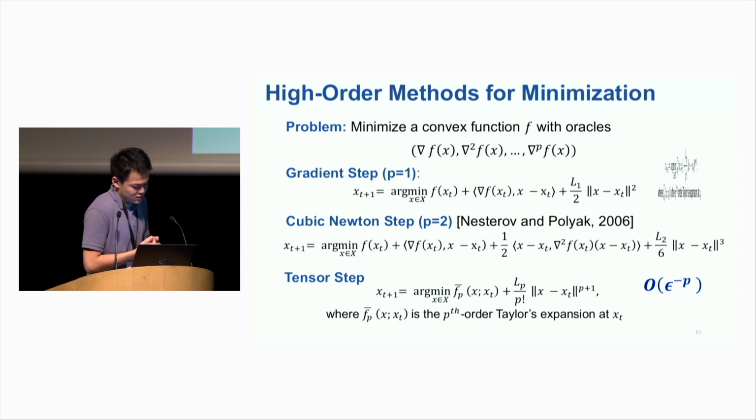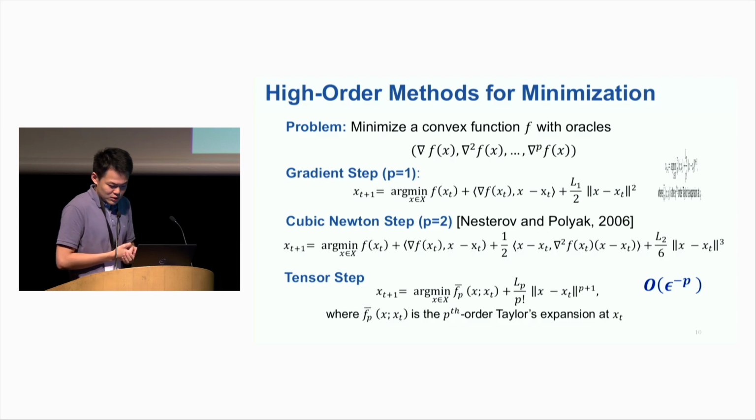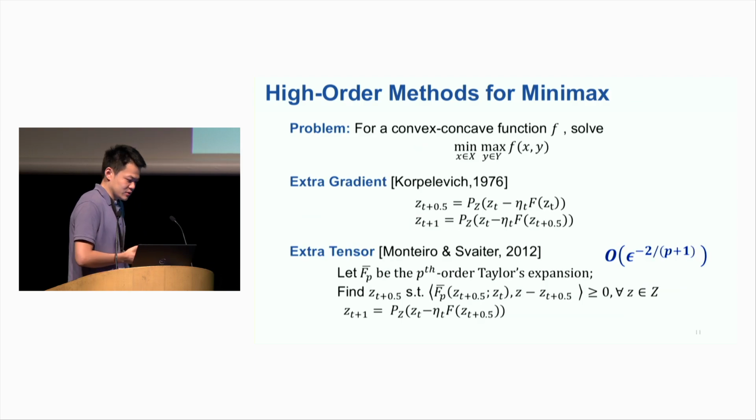And this rate is actually epsilon to the negative p. We can check that when p equals 1, this is the rate of gradient descent. When p equals 2, this is the rate of cubic regularized Newton. Everything looks nice so far, and the interesting thing is that for min-max optimization, the story is slightly different.